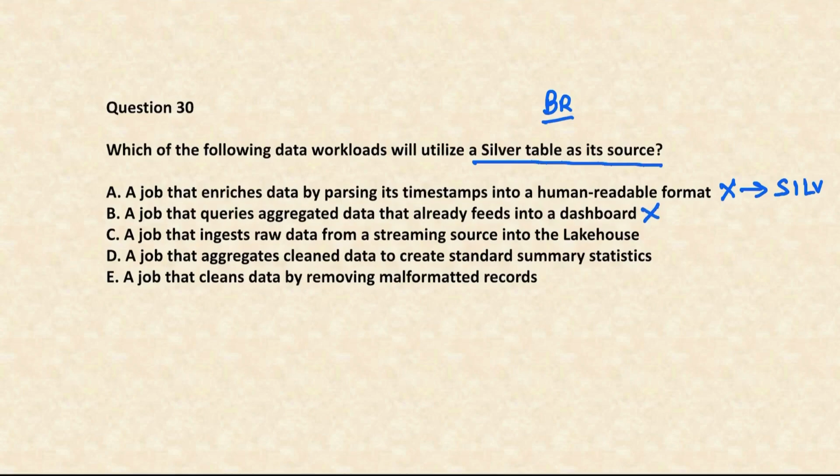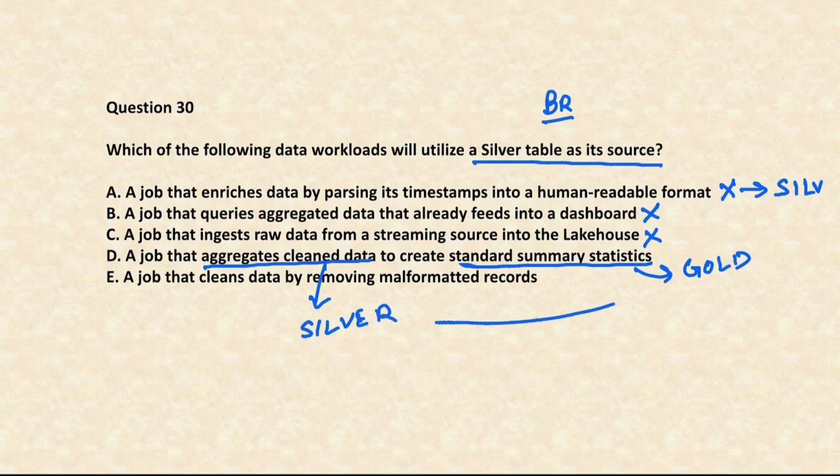A job that ingests raw data from a streaming source into the lakehouse: not correct. A job that aggregates the clean data to create standard summary statistics: the aggregated clean data is the silver layer, and going from the silver layer to the gold layer is what this answer is looking for. So D is the option for question number 30.